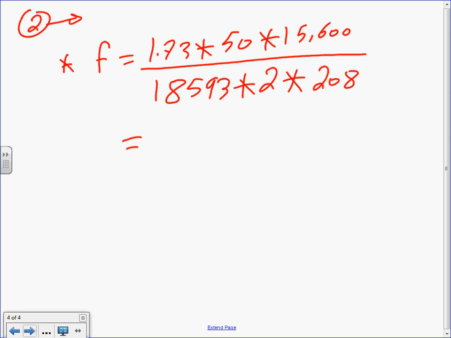Divided by. What did you come up with? 0.17. 0.17 it is. Okay, so this factor is 0.17.